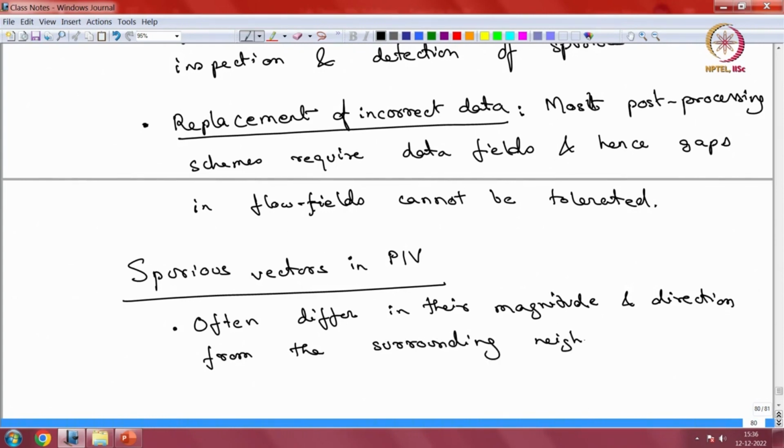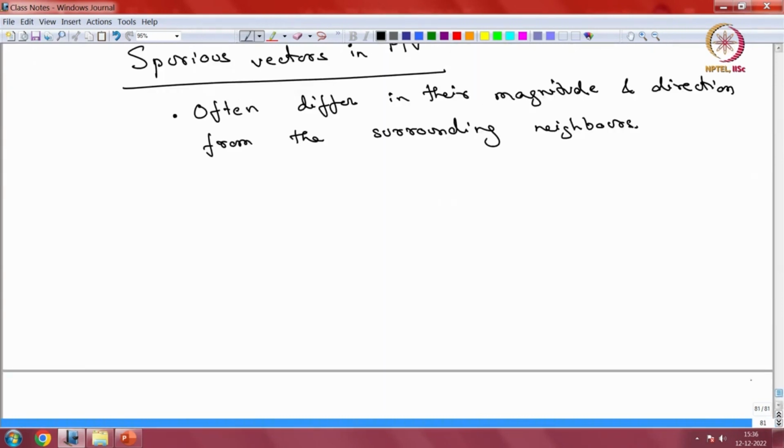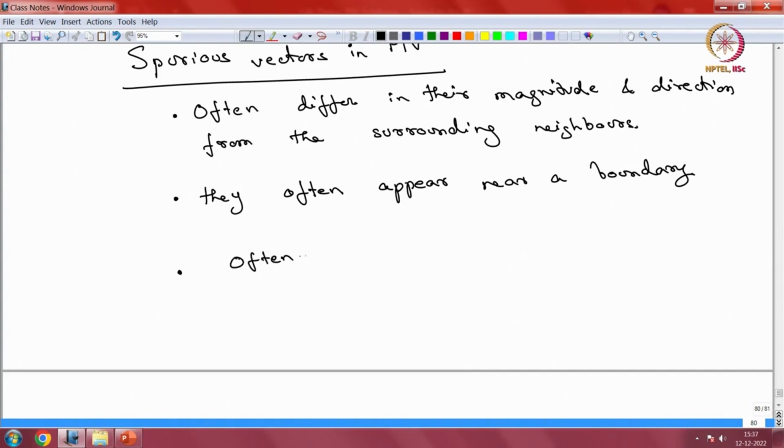I have already shown you some things last class. We'll go back to that slide just to see it again. And they often appear near a boundary. The boundary can be the edge of a flow field. It could be the edge of an illuminated region, something of that sort. And not always, but sometimes they appear as single incorrect vectors.